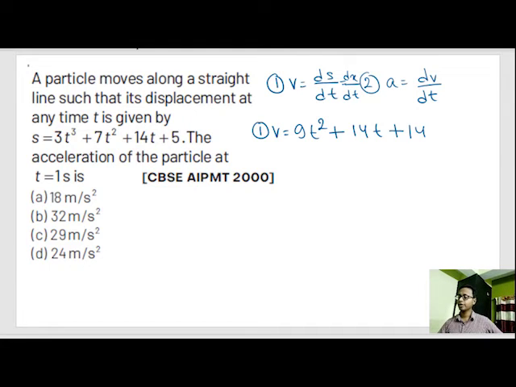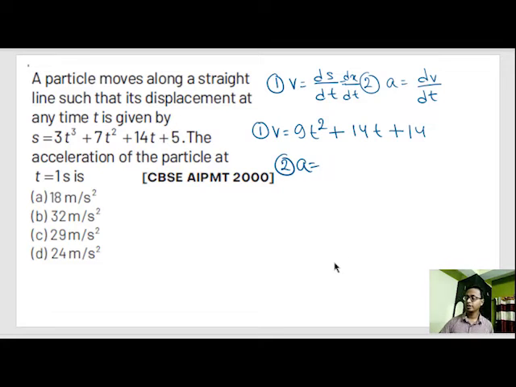Now acceleration means we have to differentiate this equation, 9t square plus 14t plus 14, with respect to time, because acceleration is nothing but dv by dt.